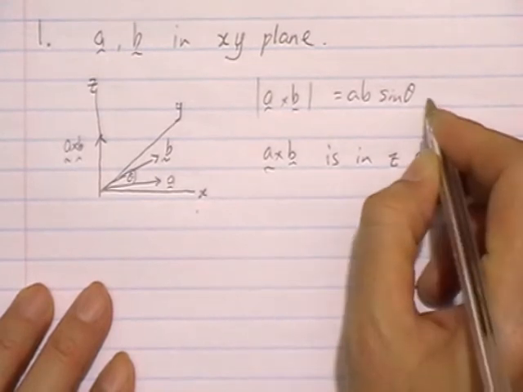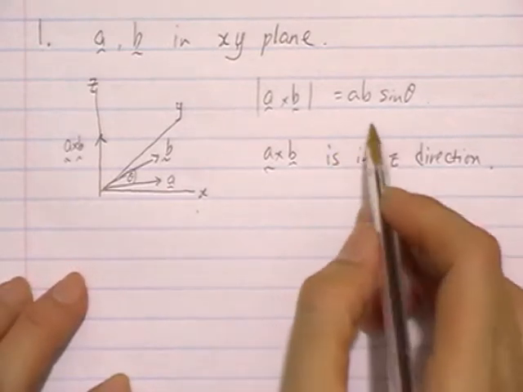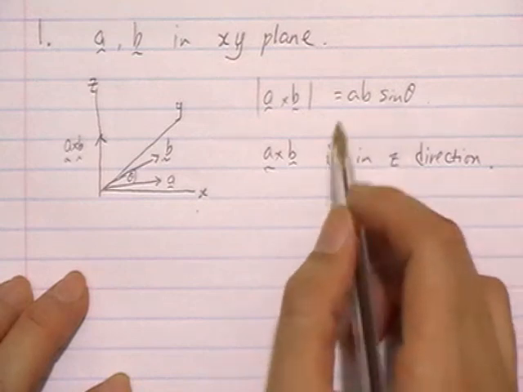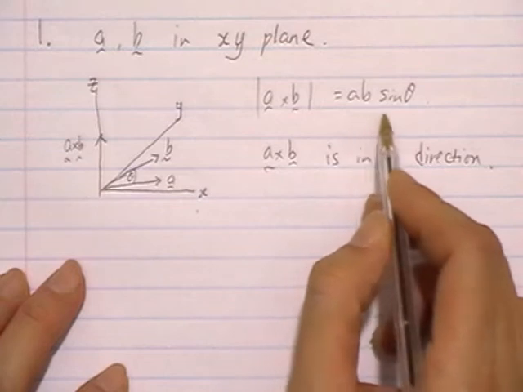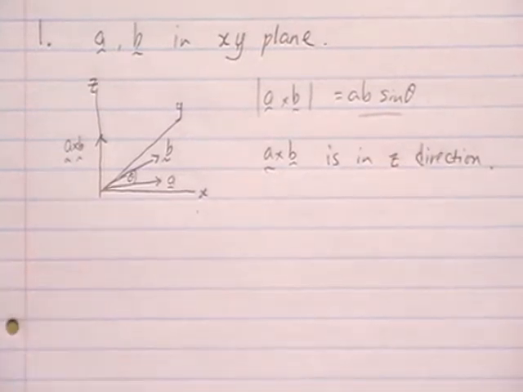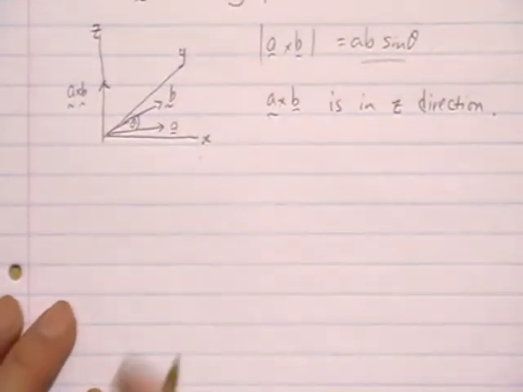We know the direction, we know this formula. The next thing I want to do in this proof is to think about the physical meaning of this AB sine theta. The physical meaning is quite simple.